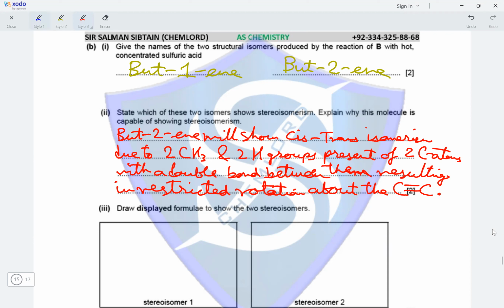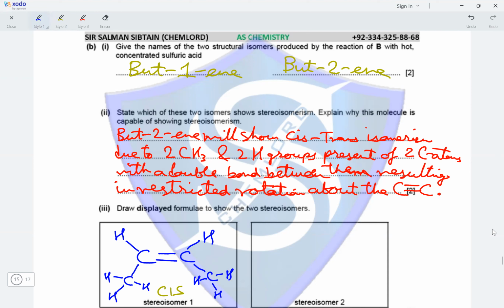So if you have to draw displayed formula, we can have a carbon double bonded to a carbon atom with hydrogen pointing on one end, and then we have CH3 pointing towards the other side of the double bond. So this is an example of a cis isomer.